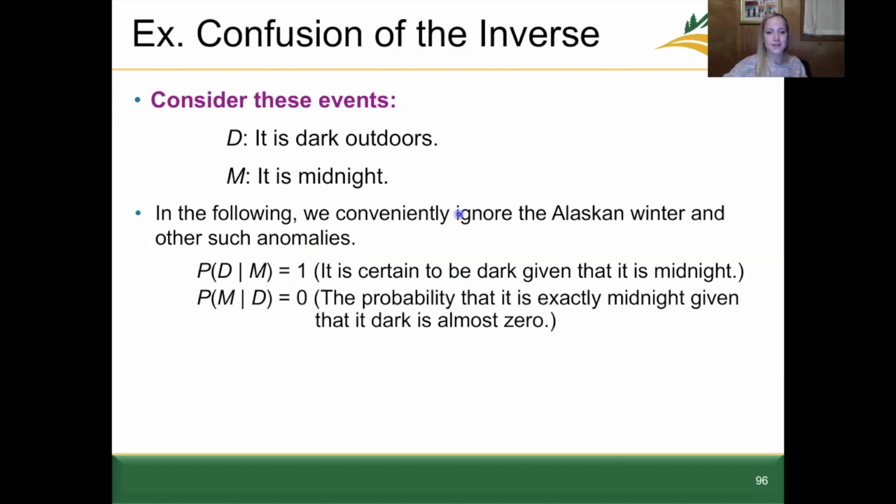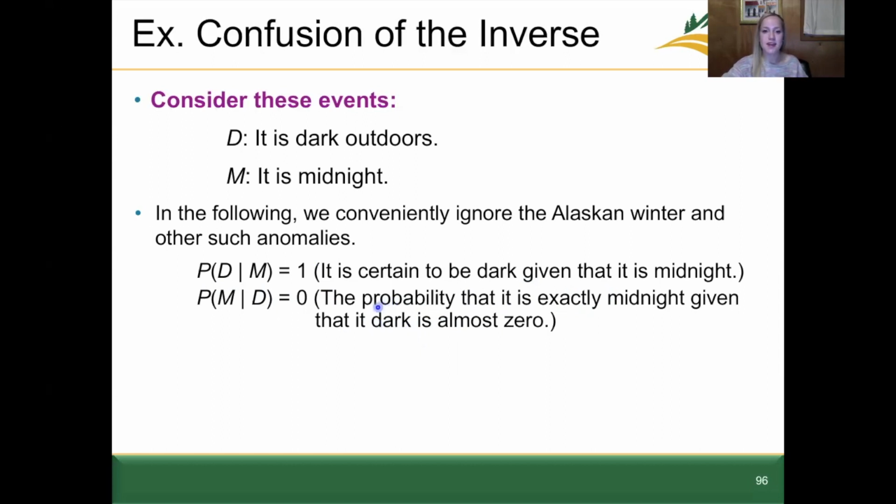Then the inverse of this would be the probability that it's midnight contingent on it being dark outdoors. When we write this notation, we're really saying the probability that it's exactly midnight, so 12 a.m., given that it's dark outside. There are many other times where it's dark outside where it's not midnight.